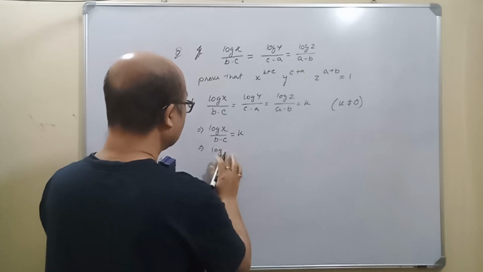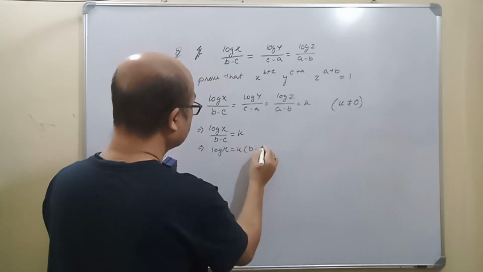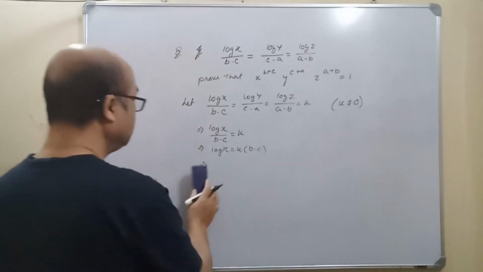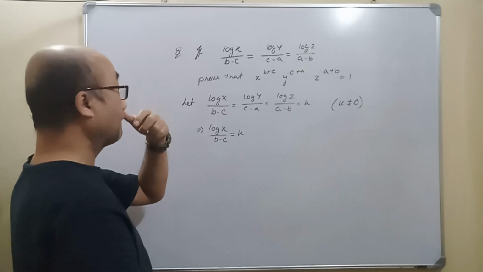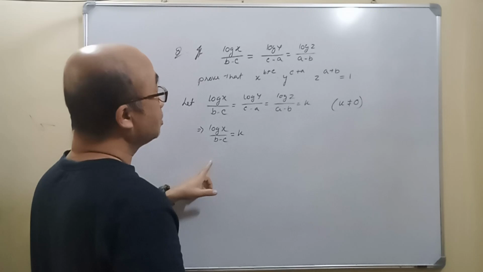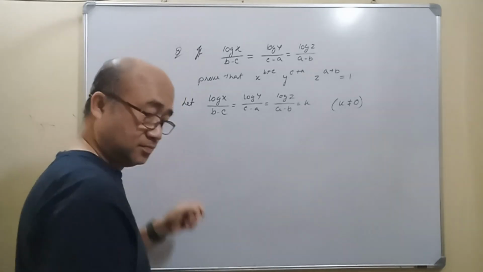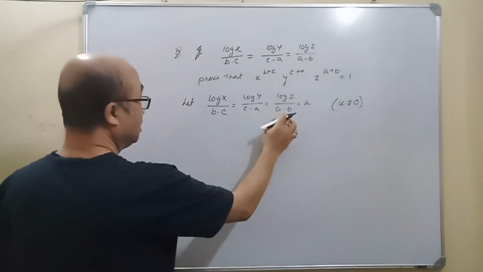Which means log x is equal to k into b minus c. Let's write it again. So these three are equal to k.